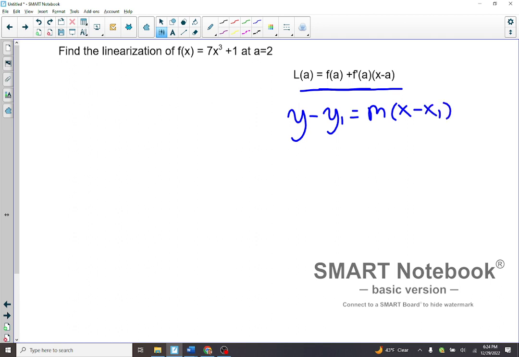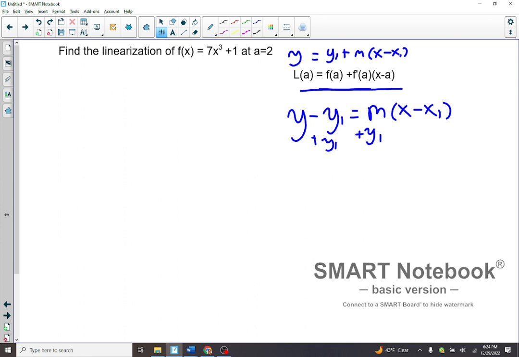The little difference is if I add y1 on both sides, it would become y equals y1, so f of a, so what is y at that exact point, plus my slope, m, times x minus x1, aka the point I'm actually plugging in, which is a in this case.